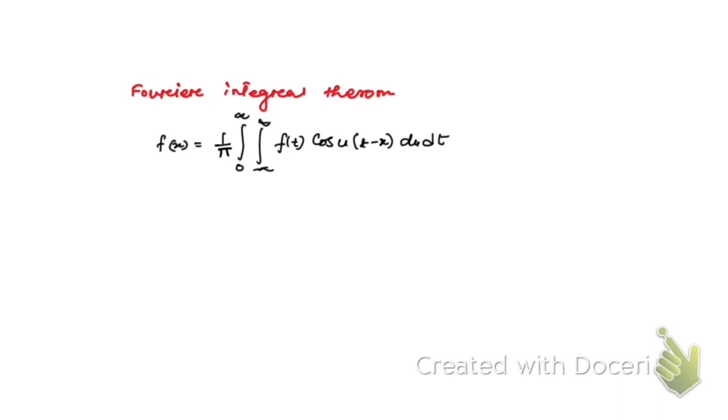So now you see, depending on the function type, what kind of function is this? It is odd or even, okay? Depending on f of t, it may be odd or it may be even, right? So this can be written in two different forms. One is the Fourier sine integral form.